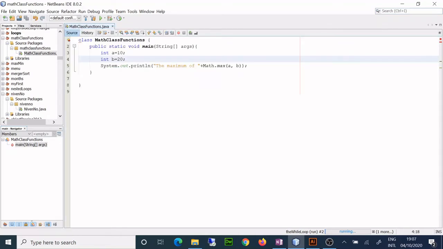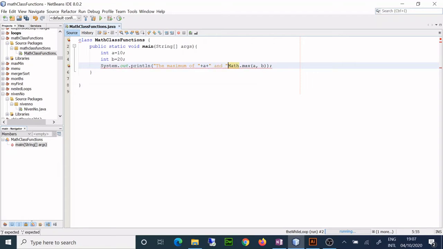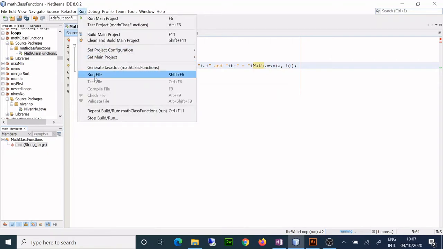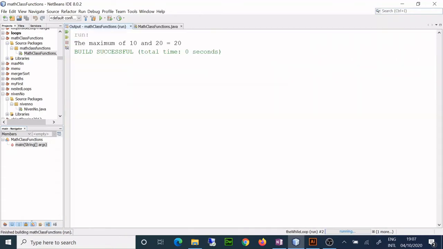It doesn't look that nice, so I deleted everything, but I can do that again. The maximum of a plus and plus b equals to. Okay, so it will give you the same result. I run it. The maximum of 10 and 20 is equal to 20.